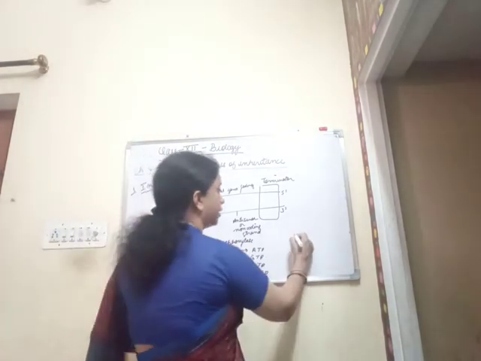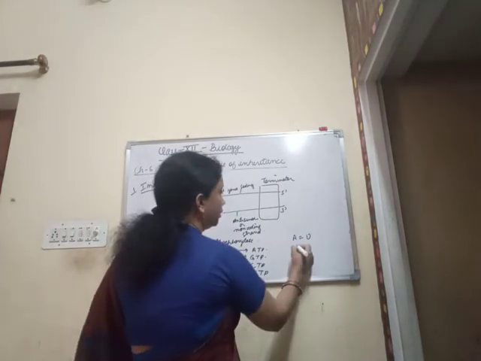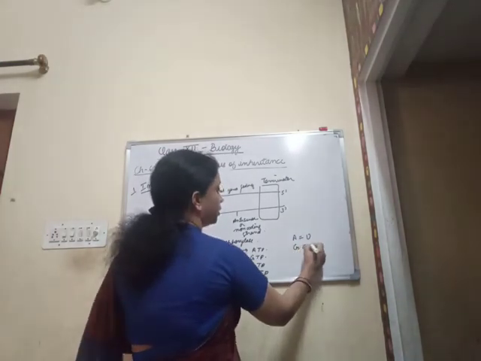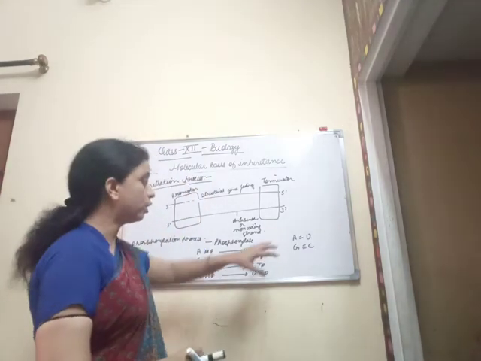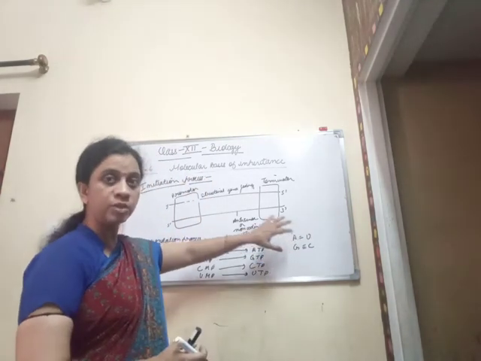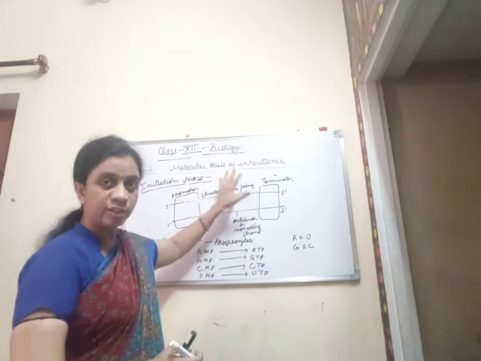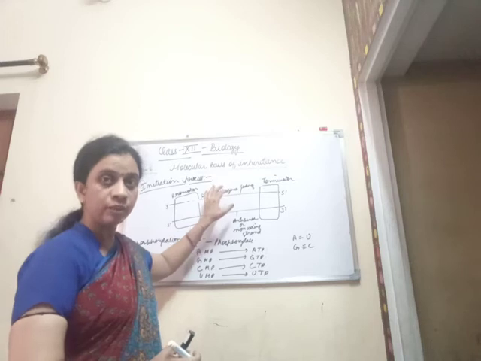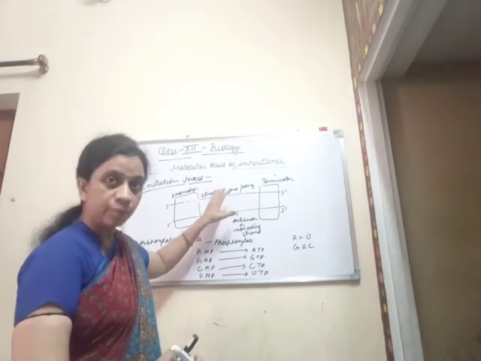That is, A is going to bind with U with a double bond. Clear? Then G is going to bind with C with a triple bond. Clear? So all these ribonucleotides, according to complementary base pairing, attach themselves to the various bases that have been exposed in the karyoplasm. These are the base pairs of the DNA template strand.